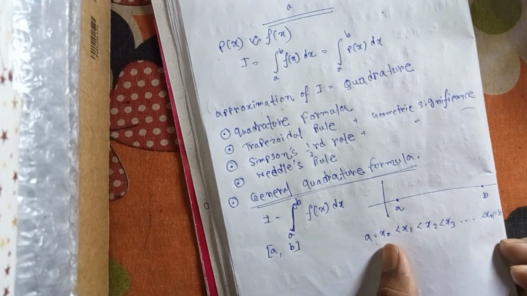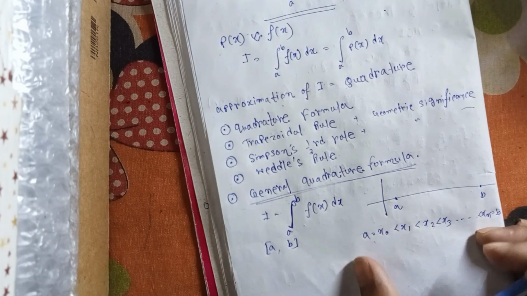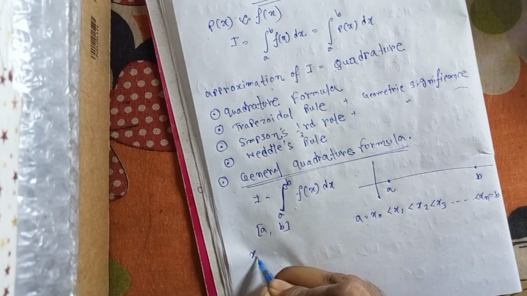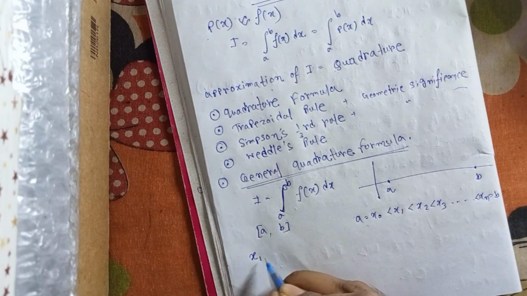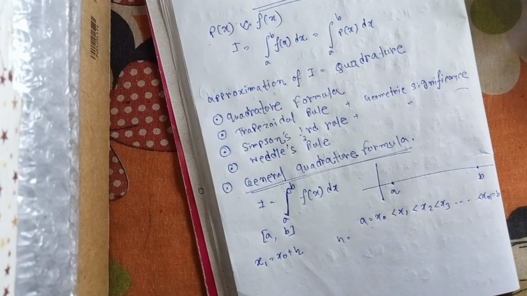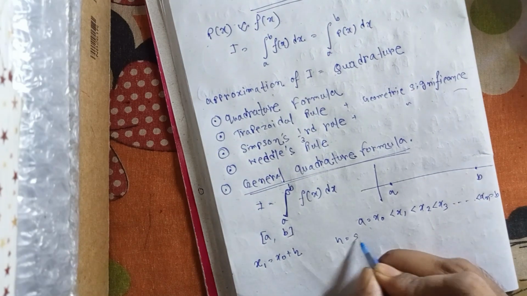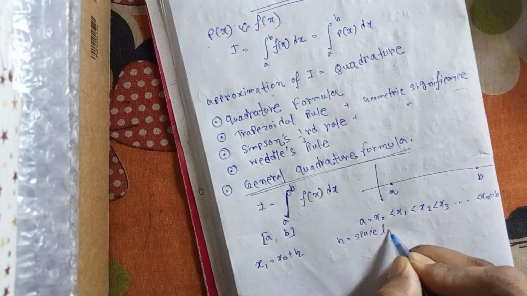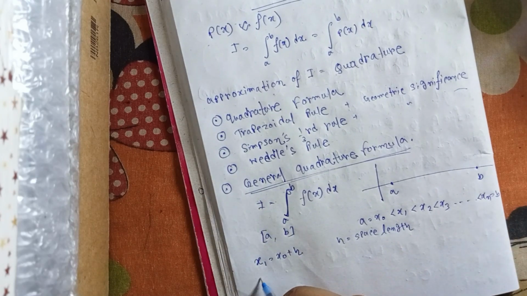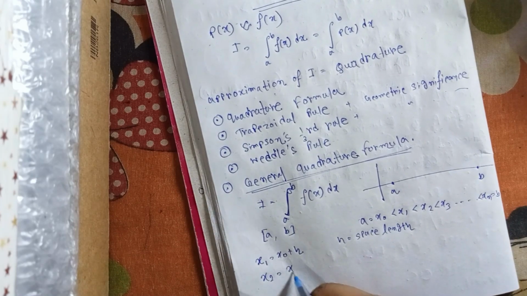By these points we also have some values and also the length: x1 equals x0 plus h. Here h is the length, you can say the space length in each coordinate. Like that, x2 equals x1 plus h.